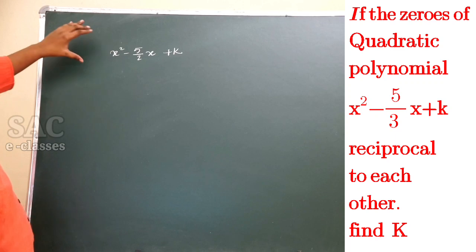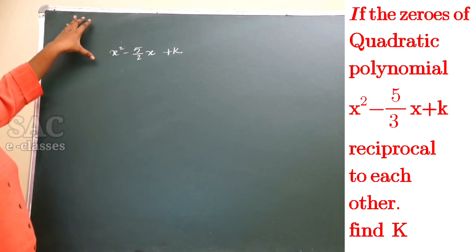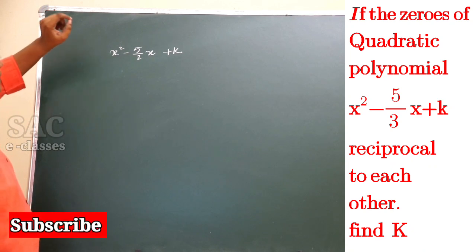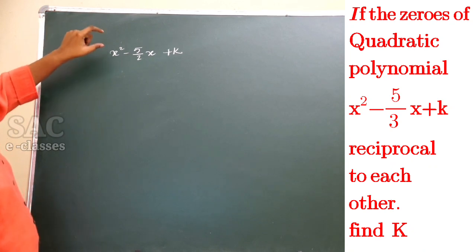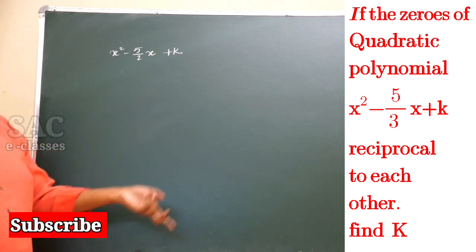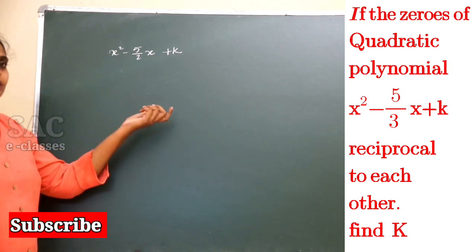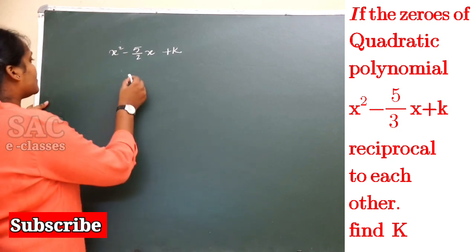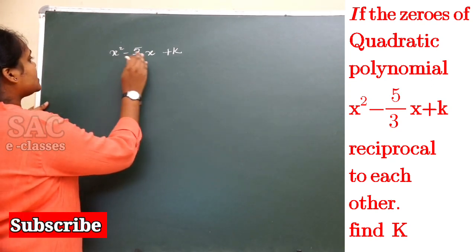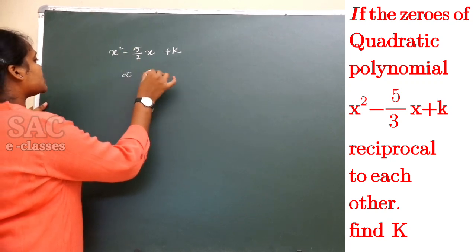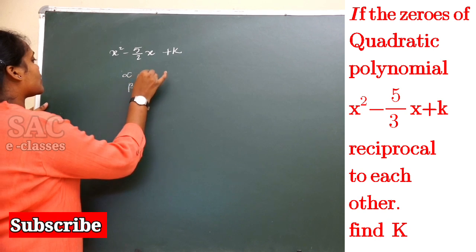Now we have one more concept problem. In there, they are saying that if the zeros of the quadratic polynomial x square minus 5 by 2x plus k are reciprocal to each other, what is the value of k they are asking. So in problems like this, in what way will we find it? First of all, this is the quadratic polynomial, and its roots are reciprocal to each other.